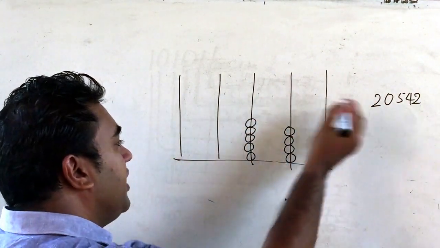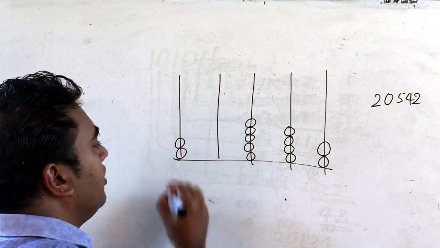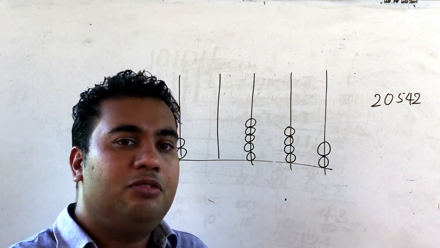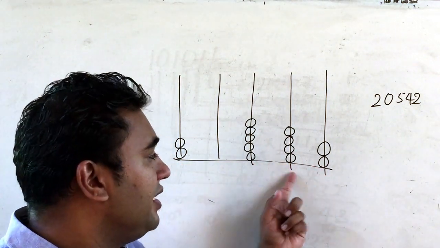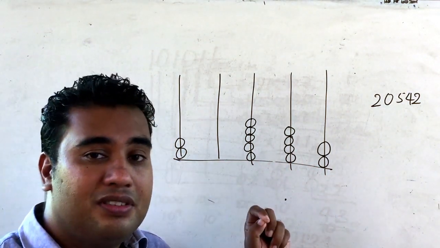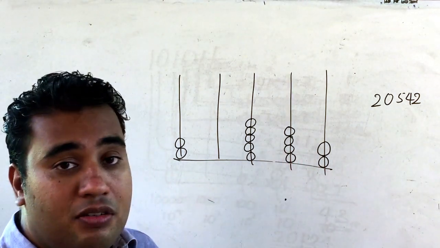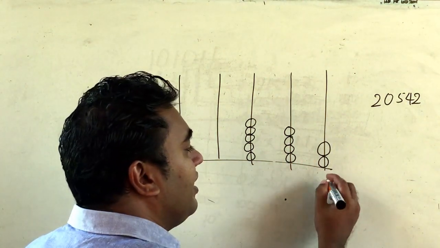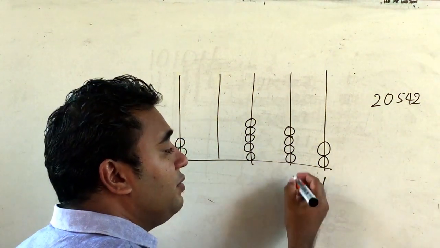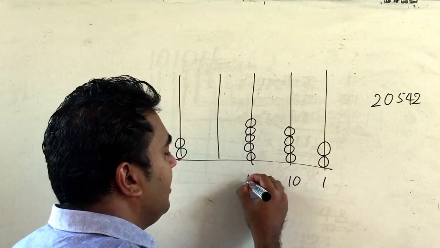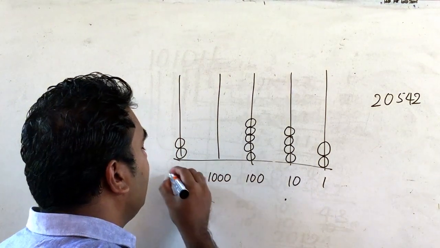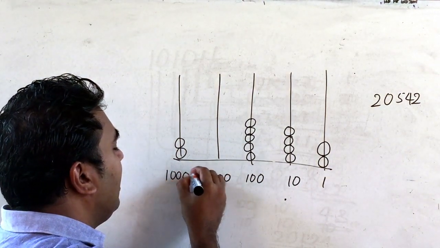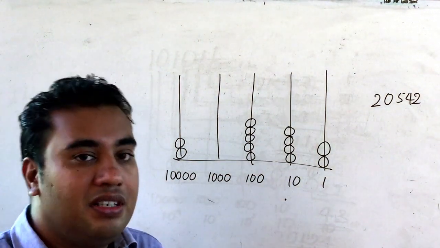Zero, 2. How did you do that? In the counting frame, each of these rods has its particular value. This rod, we call ones, and this one tens, hundreds, thousands, and 10,000s.